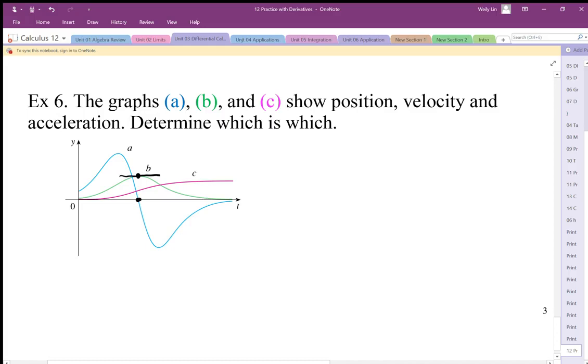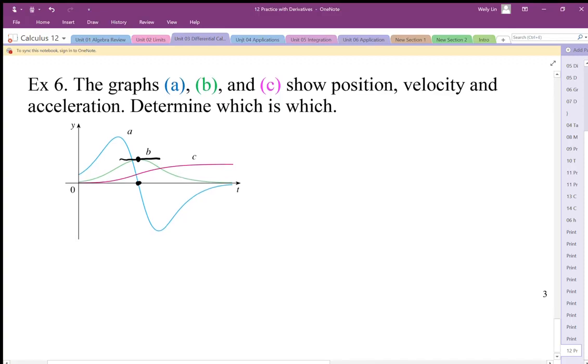What that means is the blue function has a y coordinate of 0 where the slope of the green function is 0. That implies that the blue function must be the derivative function of the green function. So either the green is the position and the blue is velocity, or the green is the velocity and the blue is the acceleration. Let's verify first that the blue is the derivative of the green.